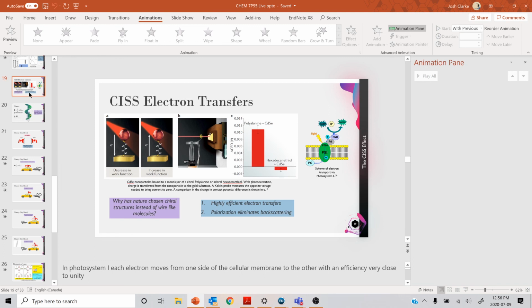Yes, and there was some really interesting work done where they used graphene, and they twisted graphene and passed a current through the helical graphene model, and found that you get these CISS effects based on the degree to which you twist the graphene. Totally achiral graphene had reduced conductivity compared to the twisted graphene.